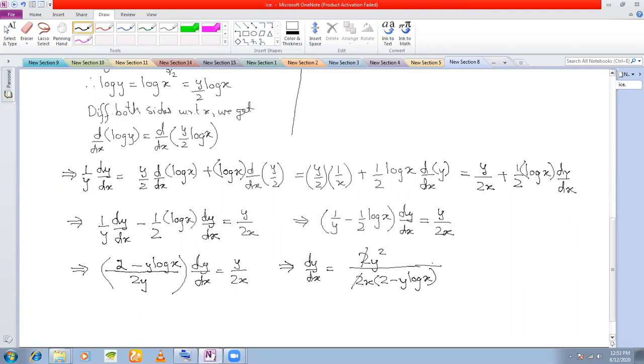This 2 and this 2 cancel, so you get y square by 2 minus y log x. Okay, I've already worked out this problem. Let us see the next one.